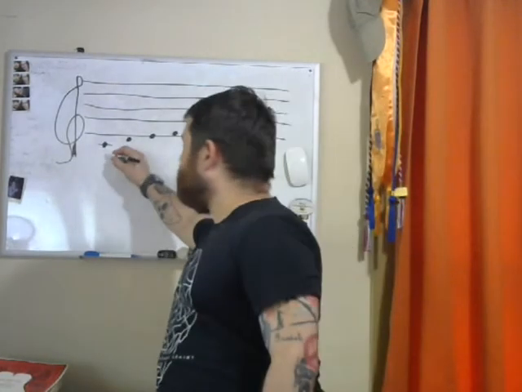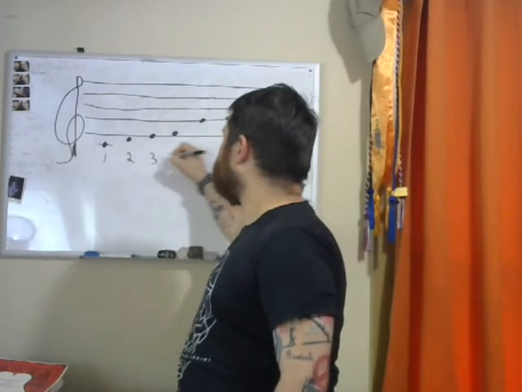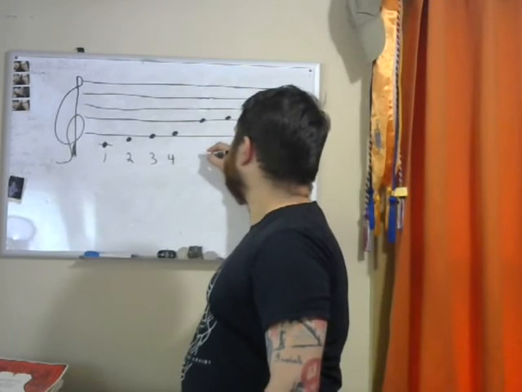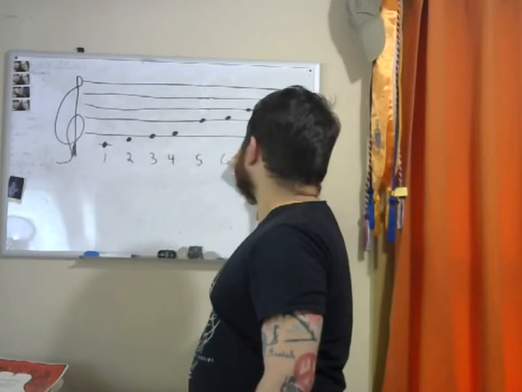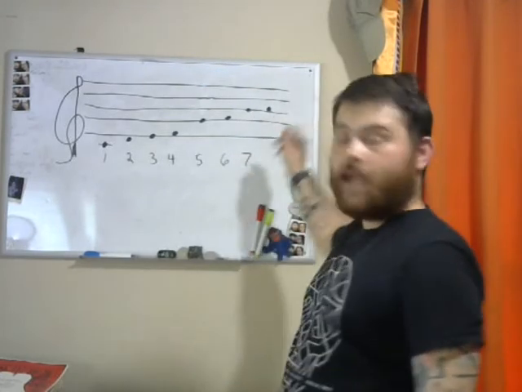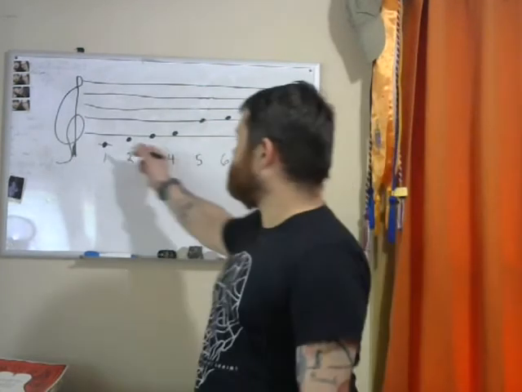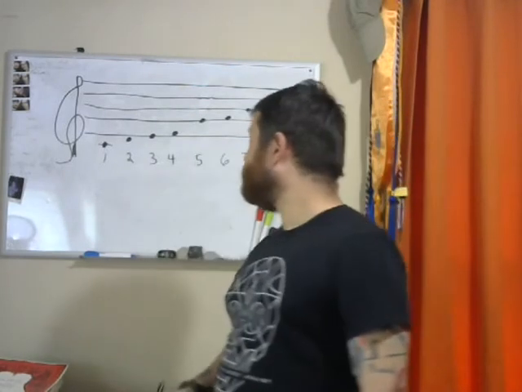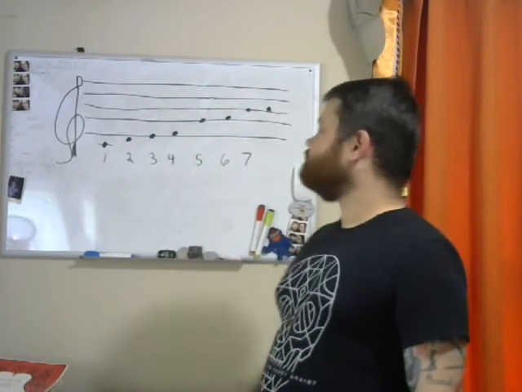So 1 is C, 2 is D, 3 is E, 4 is F, 5 is G, 6 is A, 7 is B, and 8 would be the next C, or we can just say that's 1 because it's the same note, just an octave higher, or 8 notes away. So 1, 2, 3, 4, 5, 6, and 7.